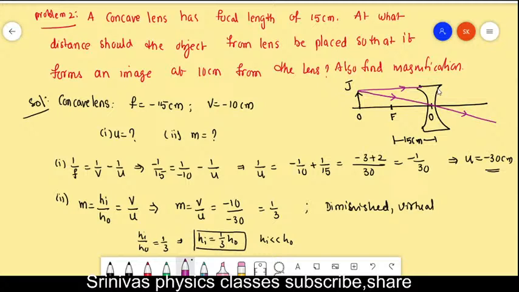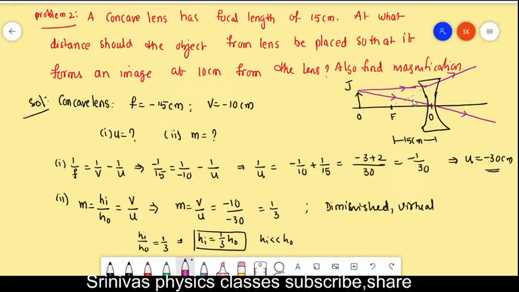Diverges means how will it travel? It will go like this. And now this appears to start from the focus like this.